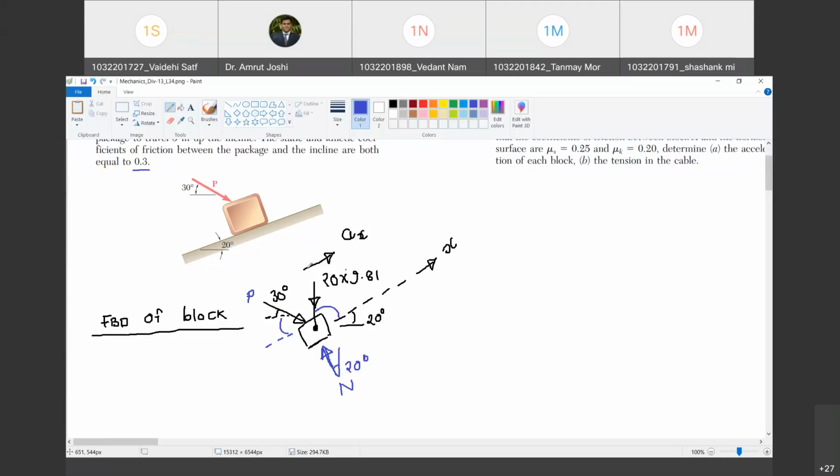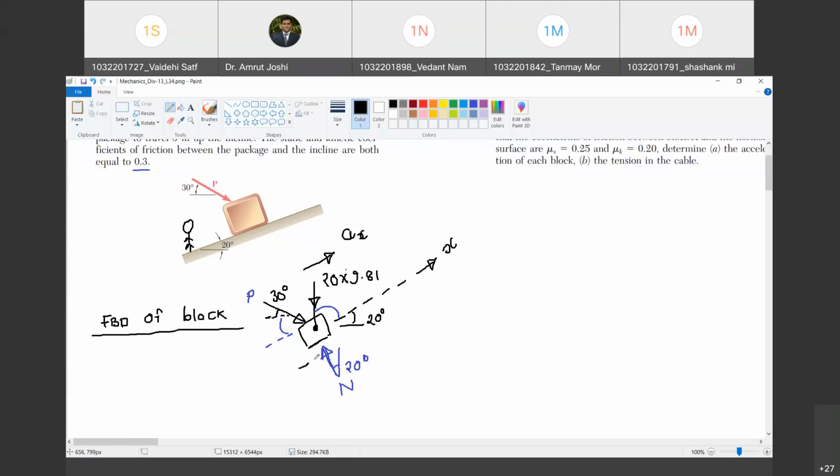And you are also going to have frictional force, which is going to be offered by the inclined surface on the block. So how do we calculate this frictional force? You are going to station the observer on the ground surface. Are you with me? Yes, sir. With reference to the observer, the package is going to move up.